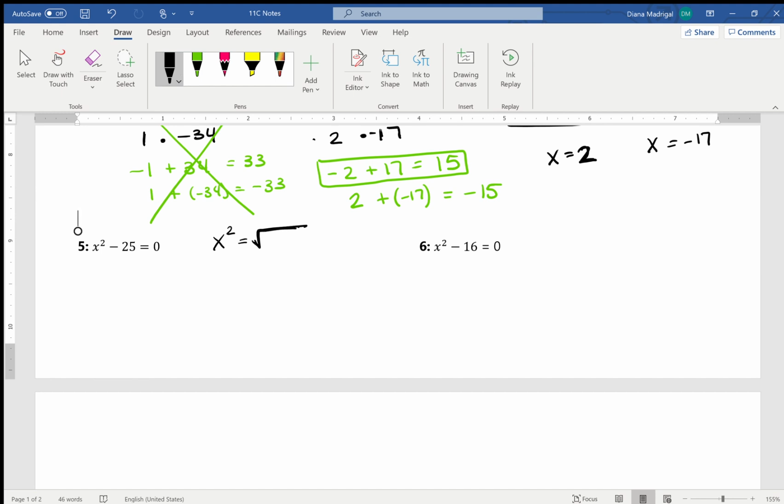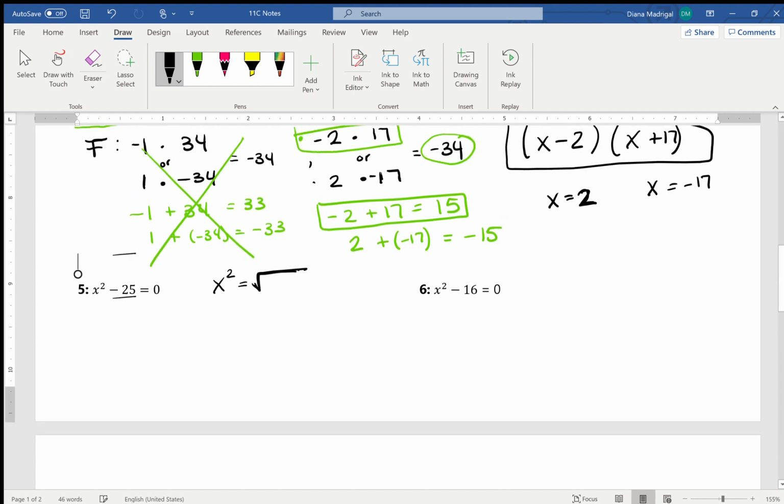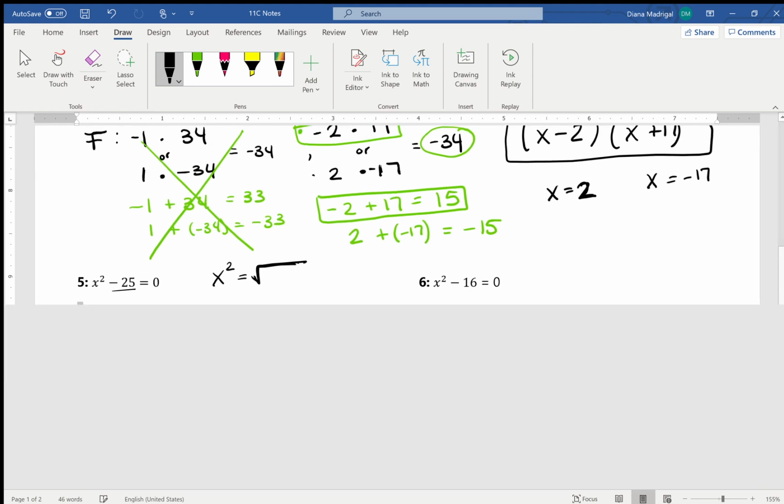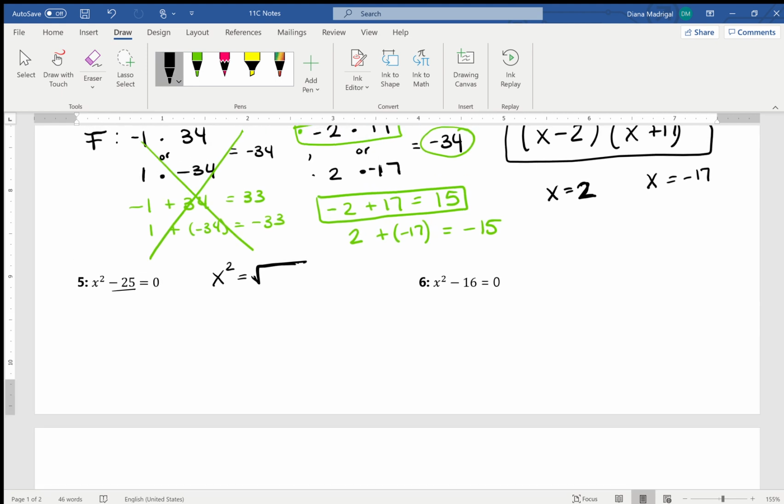So I can do this if I switch the number to the other side. In this one, I will have x squared equals 25 because I switched the negative 25 to the other side.